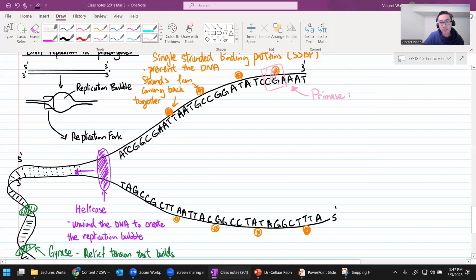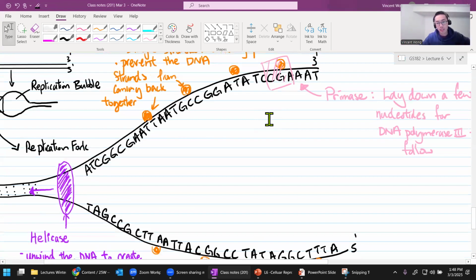The function of primase is to lay down a few nucleotides for DNA polymerase 3 to follow. The primase is like me, the parent, who sits down and does a few questions with the kid before they can do it themselves.